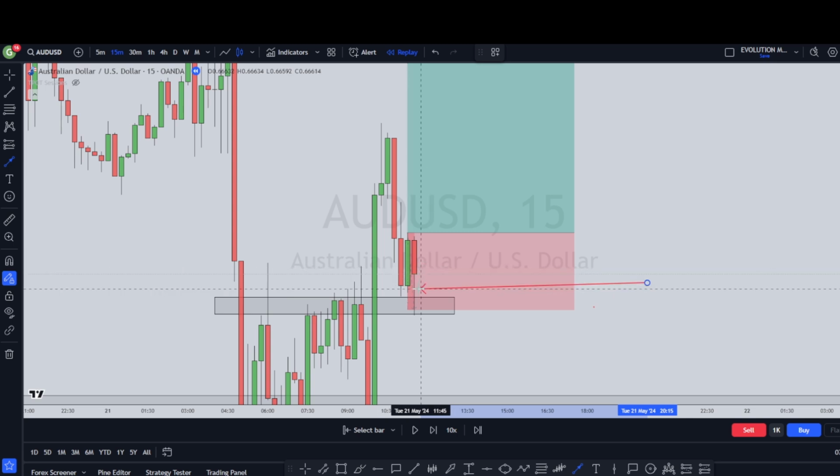This was a retest of that support area, and price was rejected, and it was able to close above the closes of these two bearish and bullish candles.